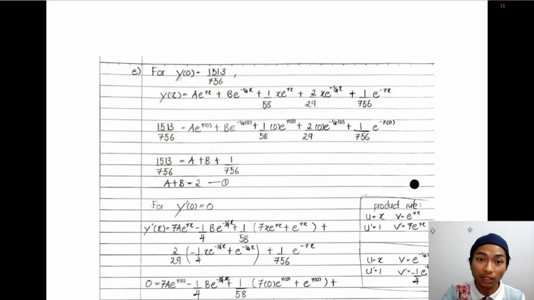For question E, for the condition of y(0) equal to 1513 divided by 756, we just take the equation for y(x) from question D and put in the value of y, which is 1513 over 756, and x equal to 0.